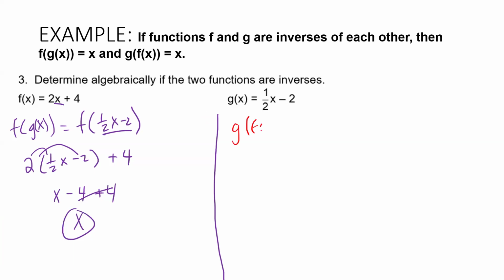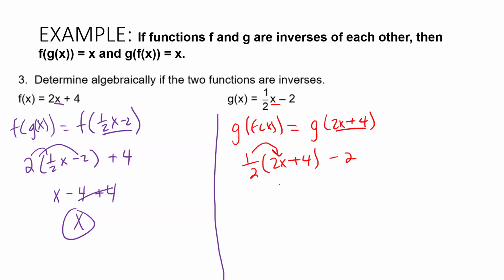Now I'm going to do g composed of f of x, which means whatever f of x is, which is 2x plus 4, I'm substituting into the x of g of x. So that gives me 1/2 times (2x plus 4) minus 2. 1/2 of 2 is 1. 1/2 of 4 is 2.